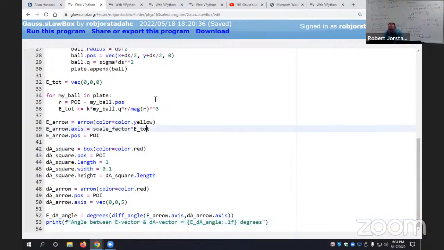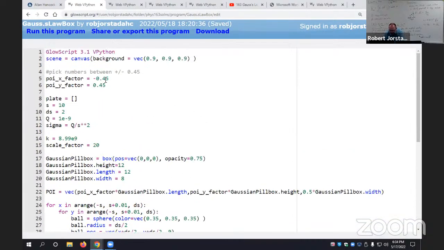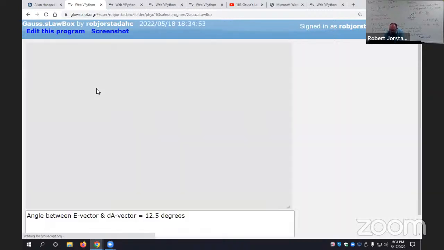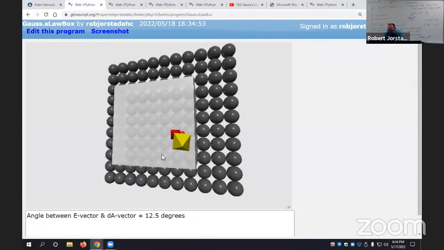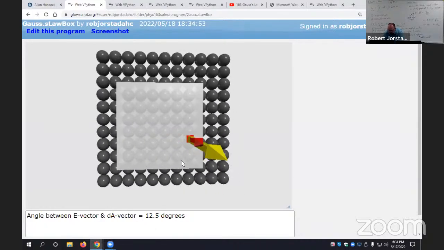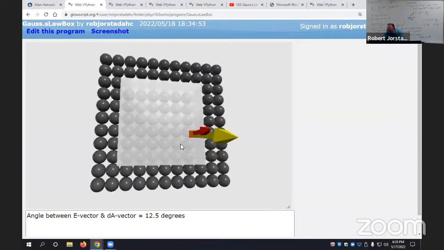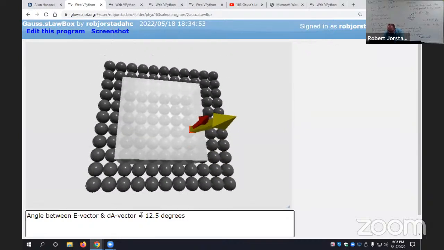Now what I could do is pick different spots here. How about this one? When we run this, notice the electric field and the dA vector are closely aligned. There's only 12 degrees between them.